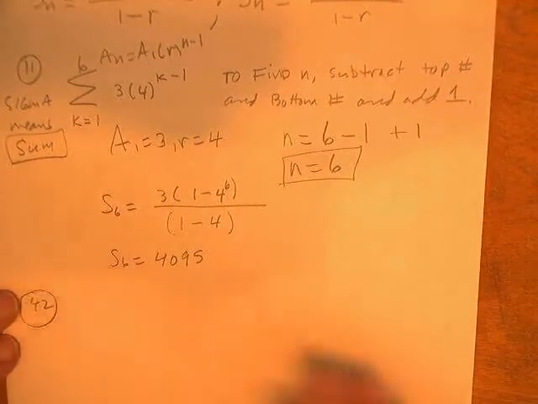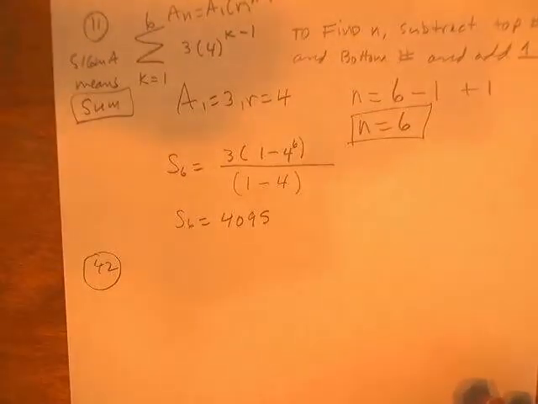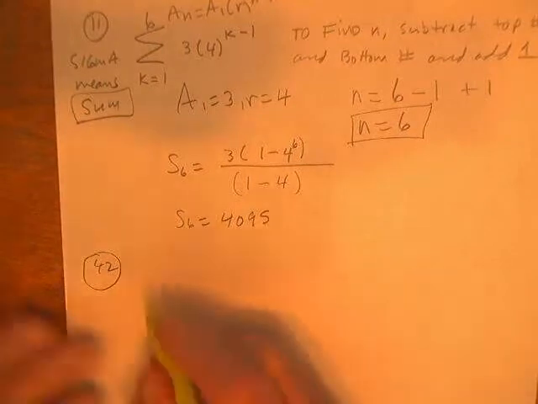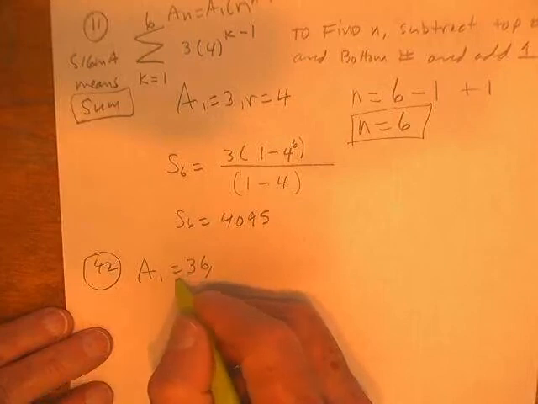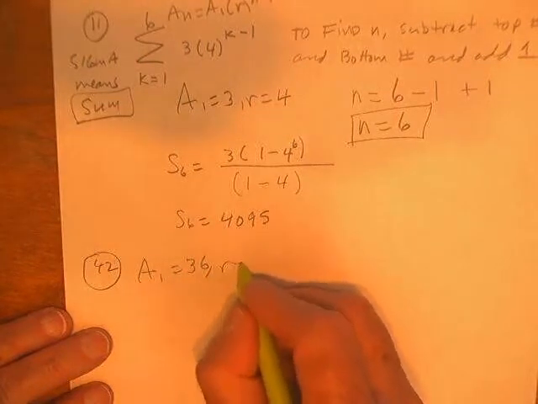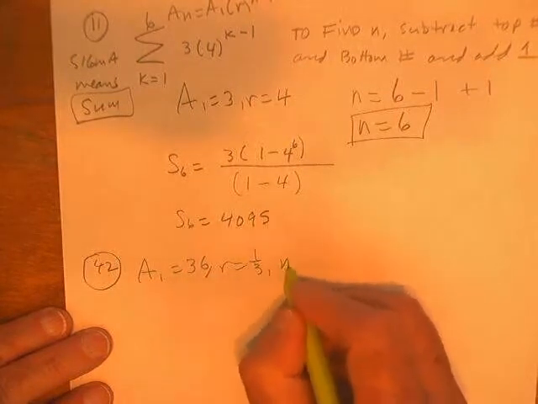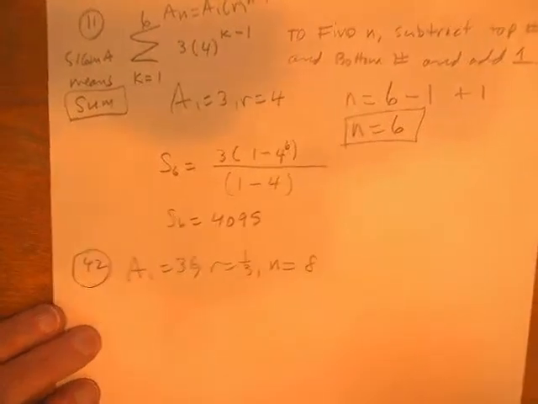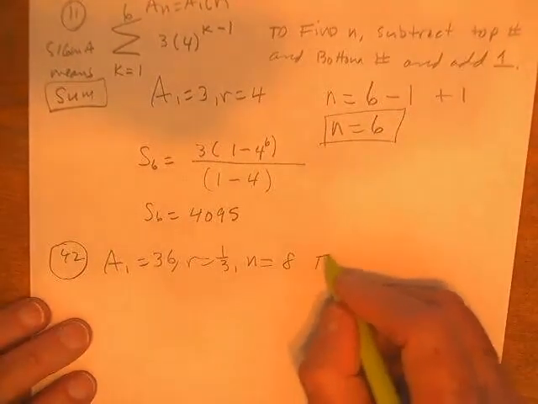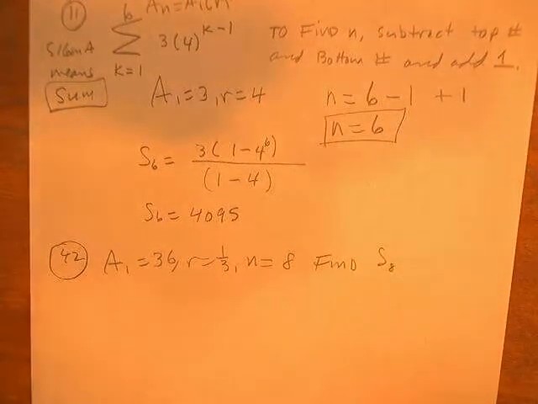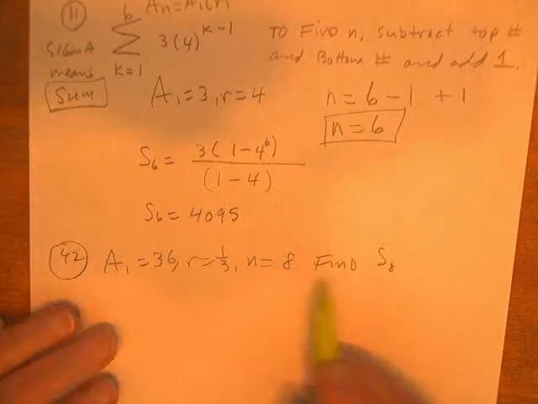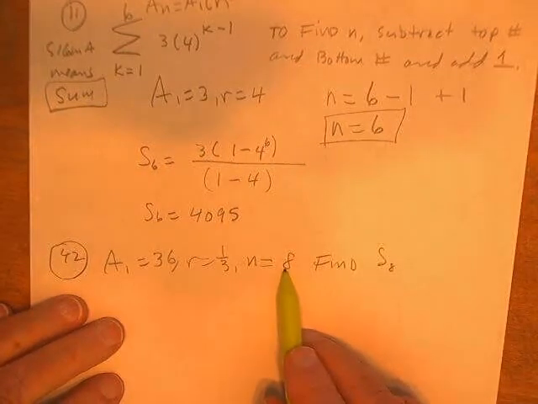Let's jump down and get 42, whatever it is. On 42, they write it a different way. And they just want the sum. That's 8, since we know there's 8 terms.